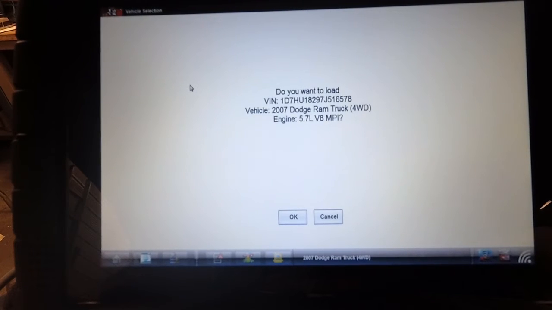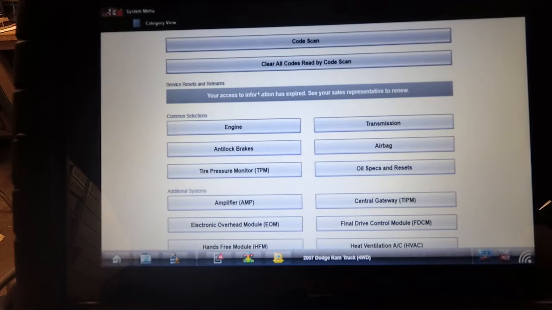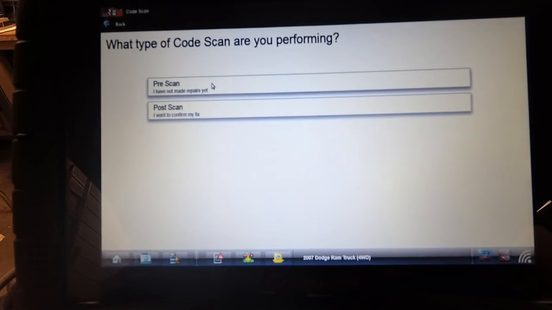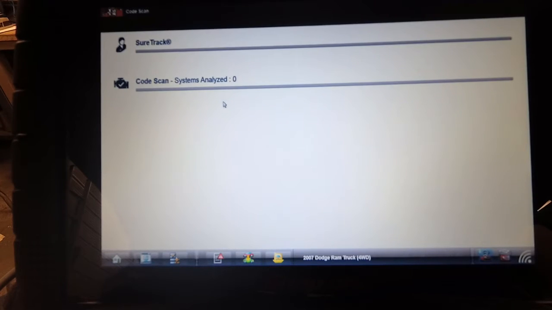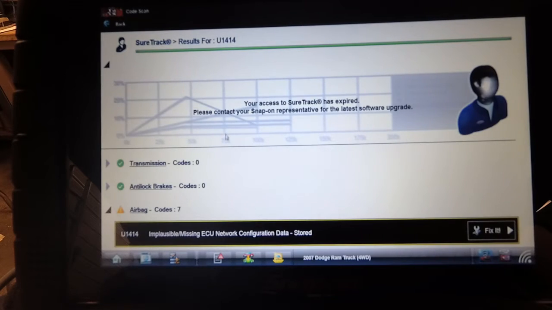The customer mentioned that there was a problem with the wipers, and I suggested that the wipers obviously are networked as well. Code scan, pre-scan. So this will take several seconds.